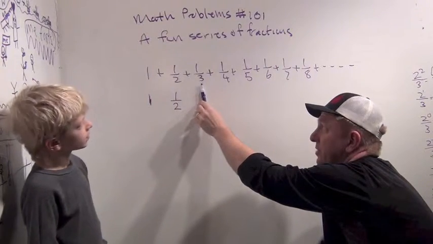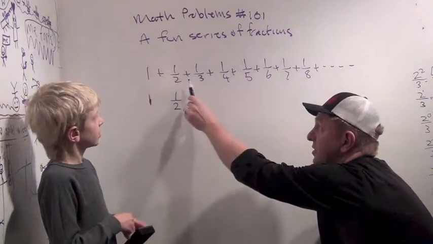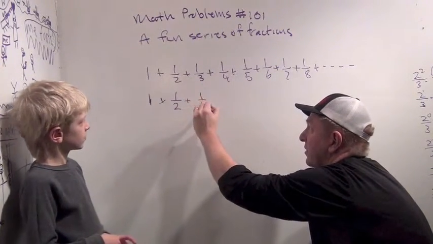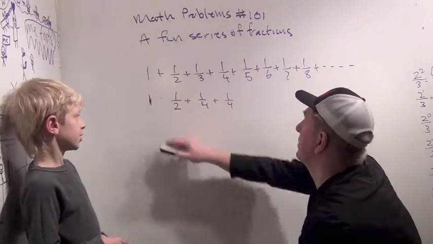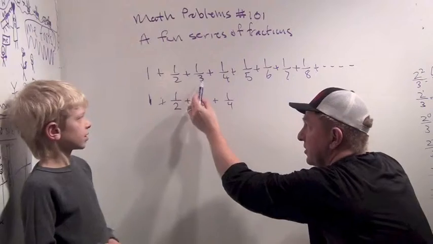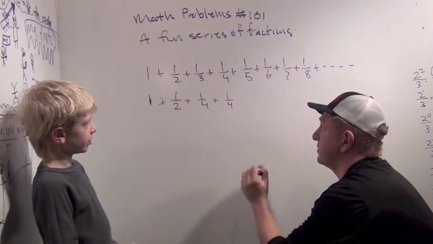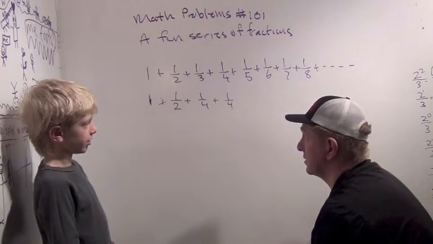Is 1/3 bigger than 1/4, or is 1/3 less than a fourth? It's bigger. So this series will be bigger than if I put a fourth plus a fourth here, because I turned this 1/3 into a 1/4, making it smaller. And if you turn the 1/5 into a sixth, it would be smaller even more.